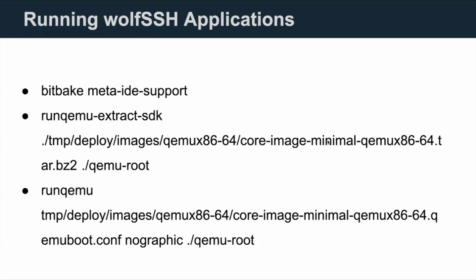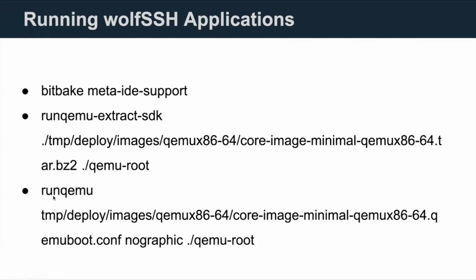And then core-image-minimal-qemux86-64.tar.bz2. So basically, this is extracting the root file system to be just in qemu-root. Where it's extracting it to is arbitrary. I like to use qemu-root, but that can be any directory that you'd like it to be extracted to.